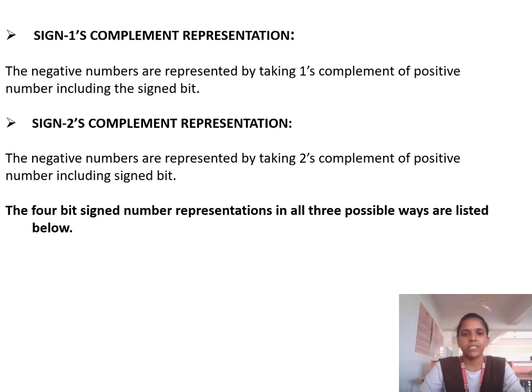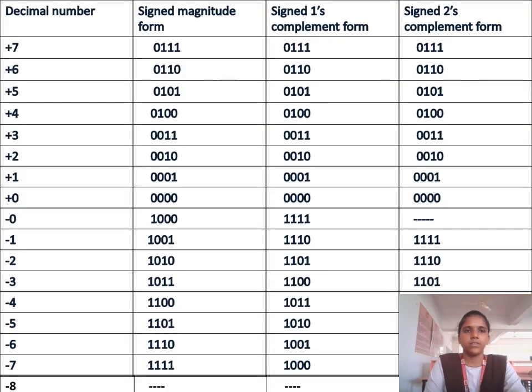The 4-bit signed representation in all three possible ways is listed below. This is how we represent the sign magnitude form, signed 1's complement form, and signed 2's complement form of decimal numbers. For plus, we use 0 at the MSB, and for minus, we use 1 at the MSB.